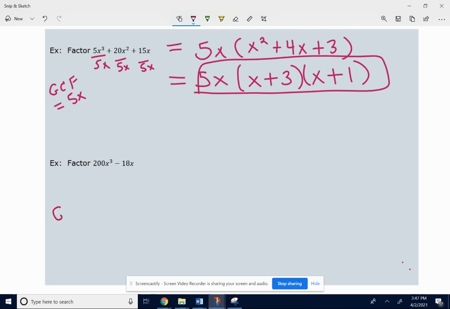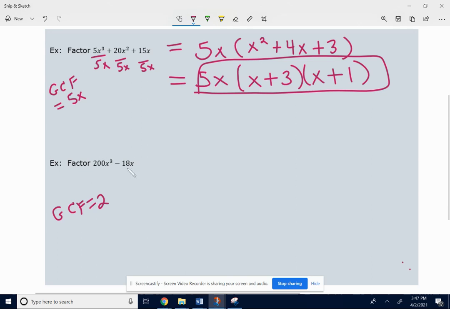I'm pretty sure it's 2, because if I take that 2 out of 18, I'm left with 9, and I don't think 9 or 3 will go into 200. So I think I'm pretty safe to say that the greatest number that will go into 200 and 18 is 2.